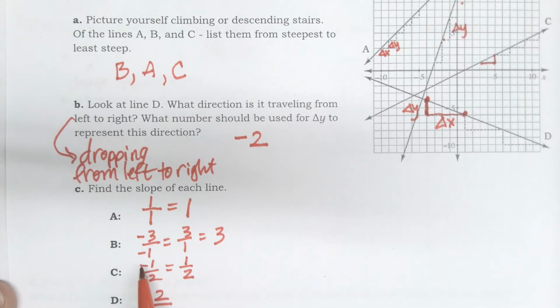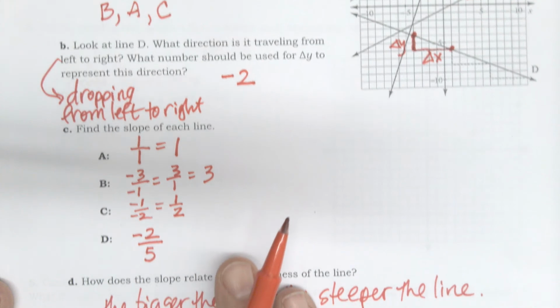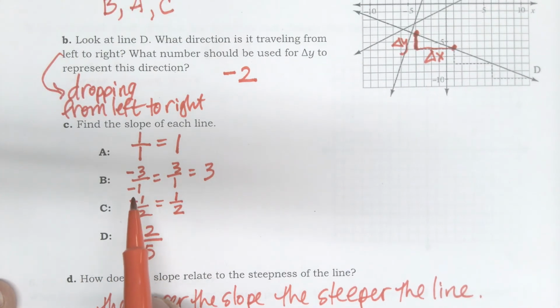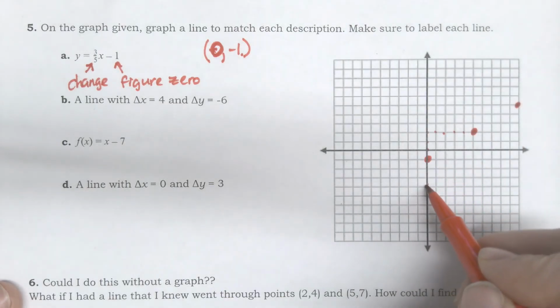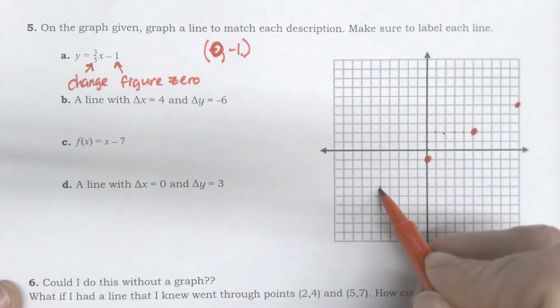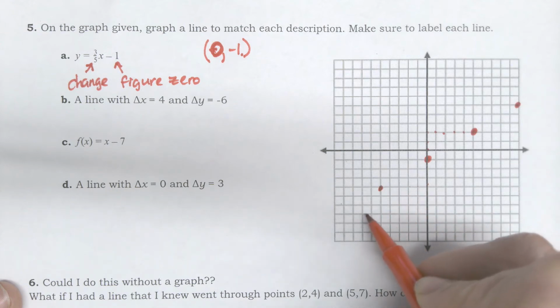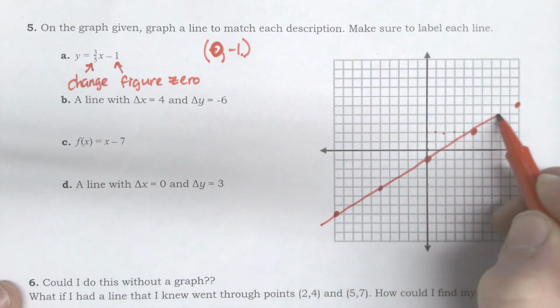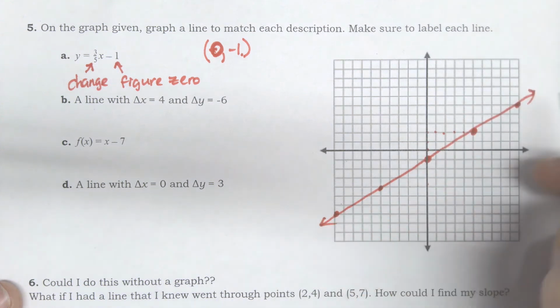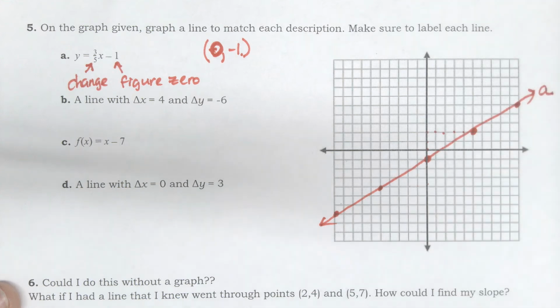If I had a double negative, as I did in C here, down 1, left 2, I could make that a positive slope. So I can use that concept on this one as well. I could go down 3, left 5. And then I should have points that fall in a very nice line. I'll call this line A.